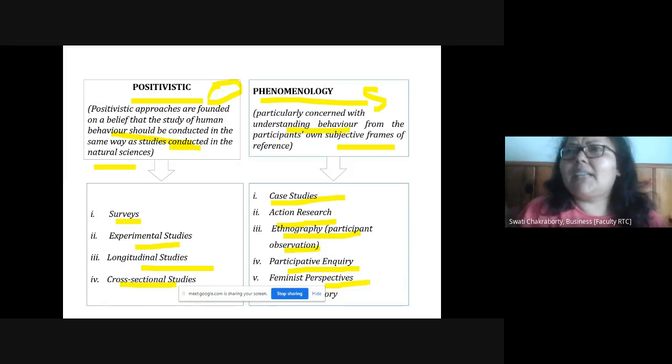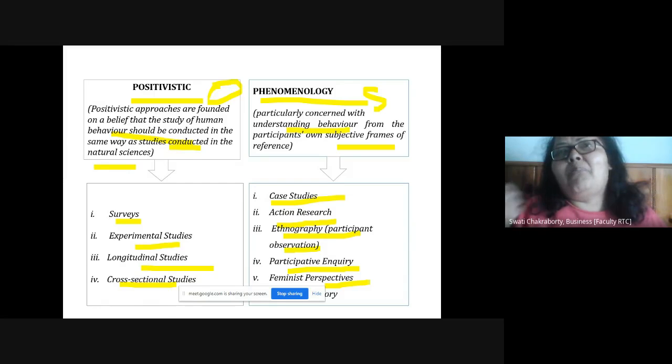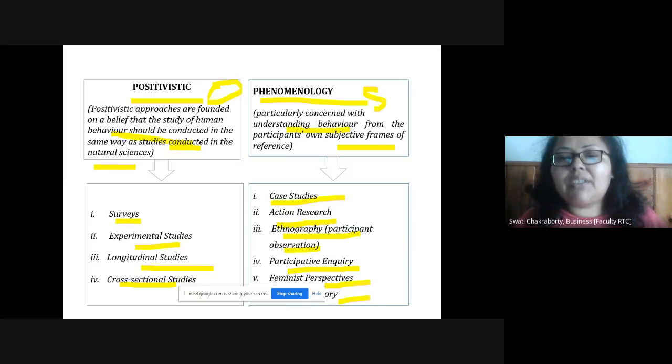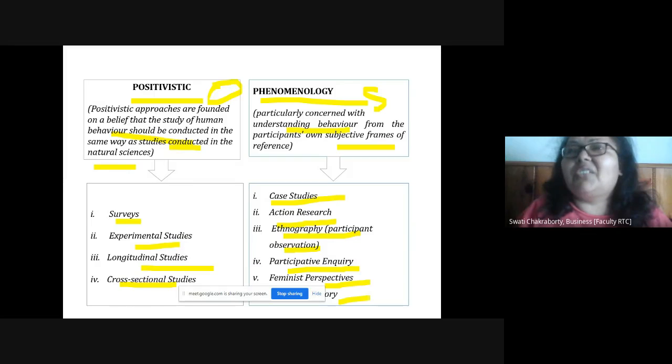Feminist perspectives, that's where women have a different opinion from men. A woman researcher will have a different opinion as compared to a male researcher. So it varies. Last that comes up is grounded theory. It's your belief. You come up with a theory based on your observations, how things are going, the experiments that you do. You come up with your theory, grounded.